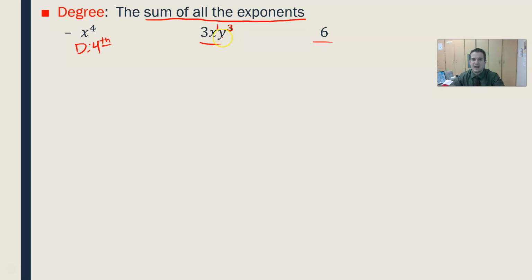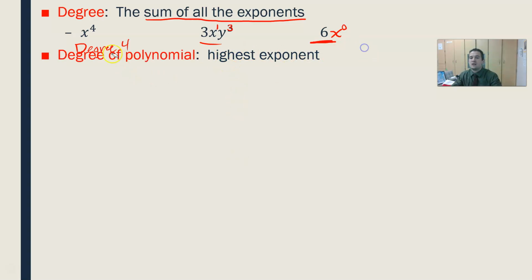If I add those up, I get a 4th degree polynomial because the exponents in that term add up to 4. If I just have the number 6, notice 6 doesn't even have a variable, so it has 0 exponents. So this would be a degree 0. So this is a degree 4 polynomial. This is a degree 4 polynomial. This last one is a degree 0 polynomial. So the degree is the sum of all the exponents.